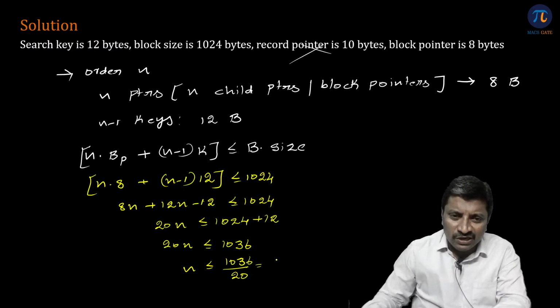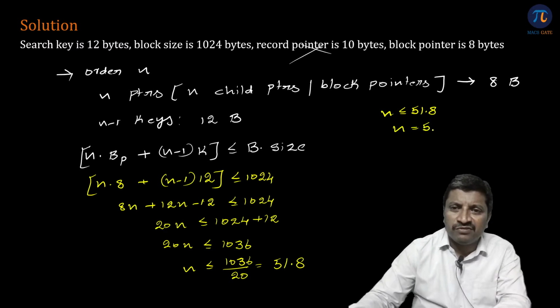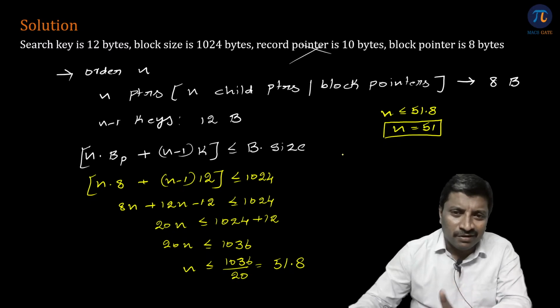What is this value, sir? I think 518, so it is 51.8. What is the n value, sir? 51. What is the answer, sir? Sir, the answer is not n.